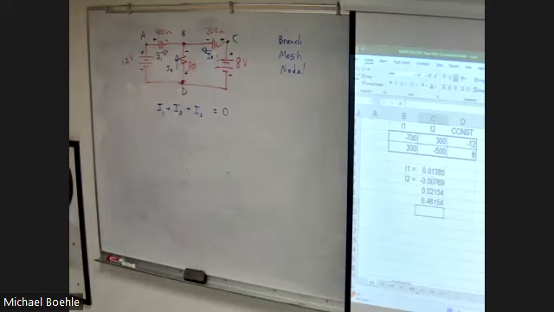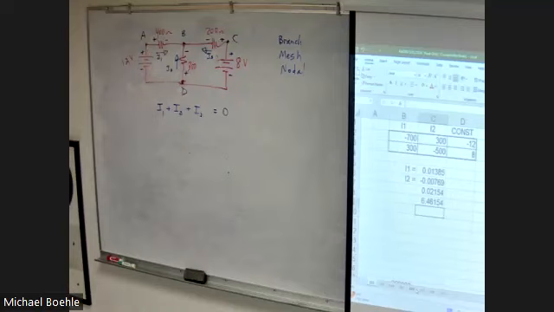What's the voltage across the 400 ohm resistor? It's the voltage at point A minus the voltage at point B. Because that's what that resistor is connected between those two.